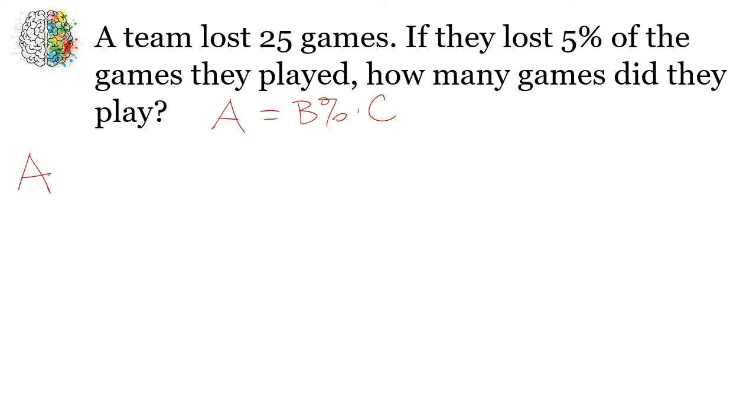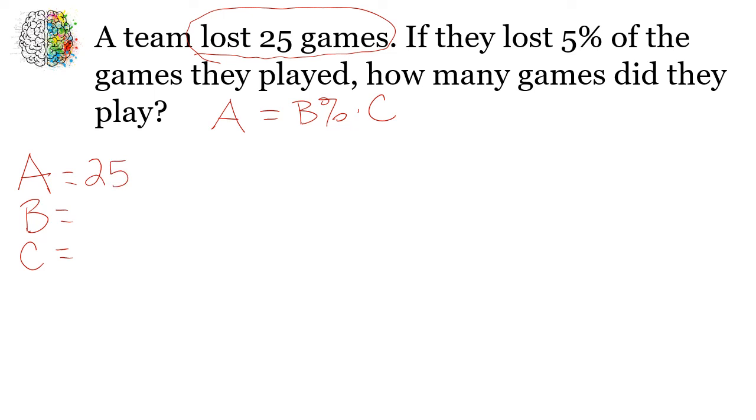So let's solve for each of these variables. So it says a team lost 25 games. So if they lost 25 games, that's going to be a portion of the total games that they played. So that tells me that A is going to be 25.